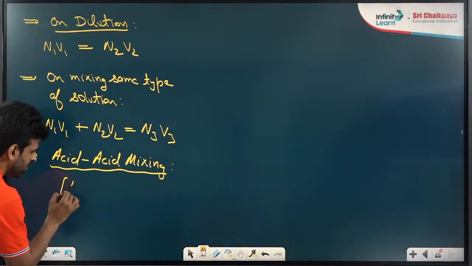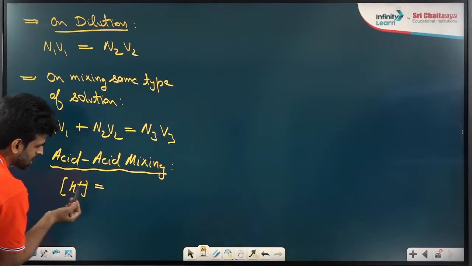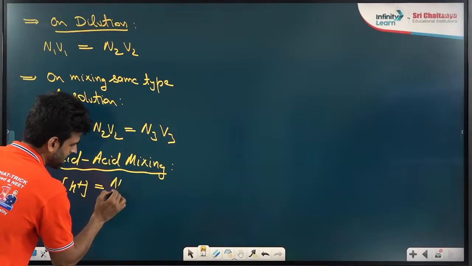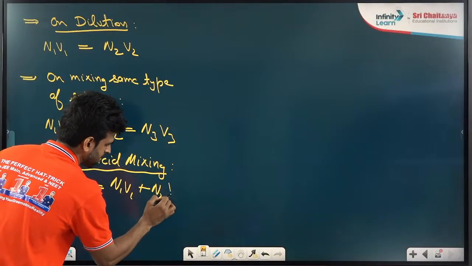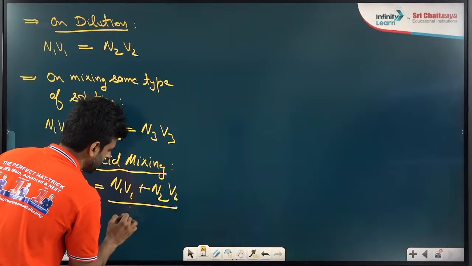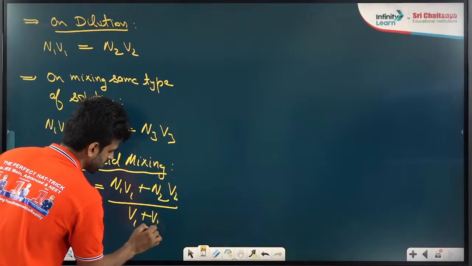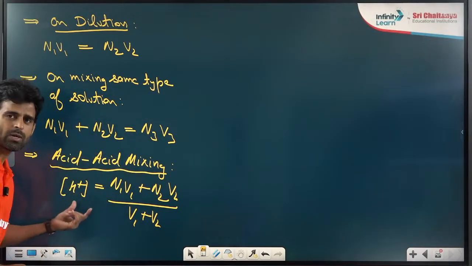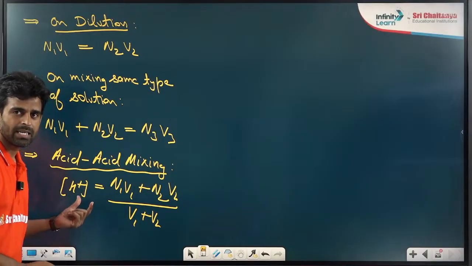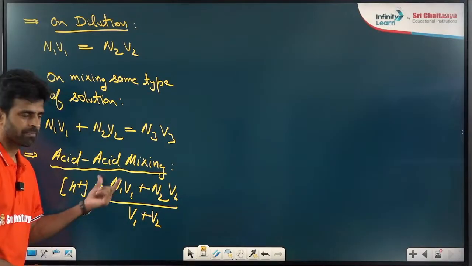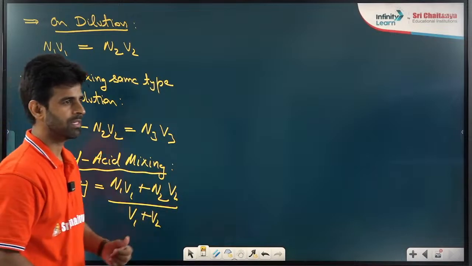I have to find the final concentration of H plus ion, so I will apply N1 V1 plus N2 V2 divided by V1 plus V2. Be careful: whenever you mix two acids and they ask the final concentration of H plus, you will apply this one.